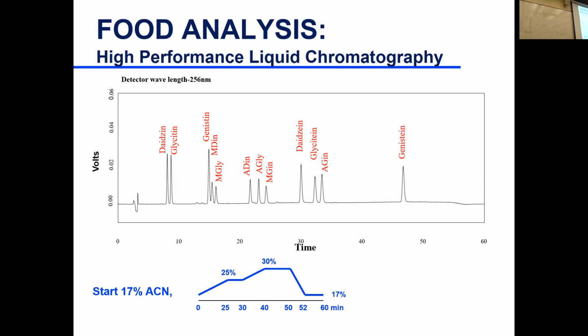Let's say this comes at 35. I wait a couple of minutes, and then at 40 minutes, I go up to 50%. Then I can bring genistein to come here. So I don't want to do anything before 35 minutes because we would interfere with all of the others. Okay.